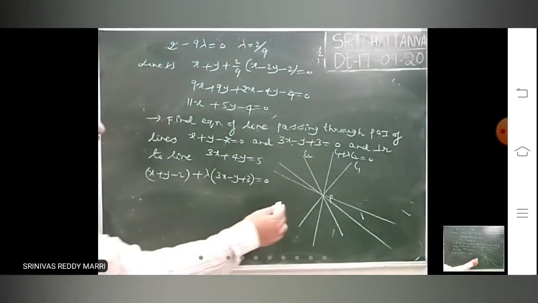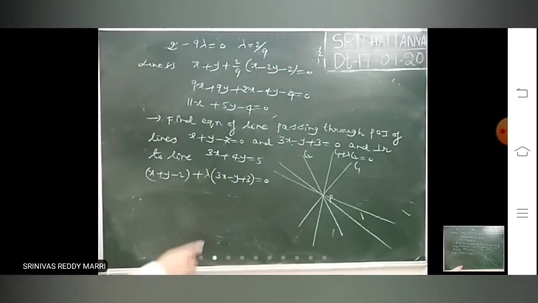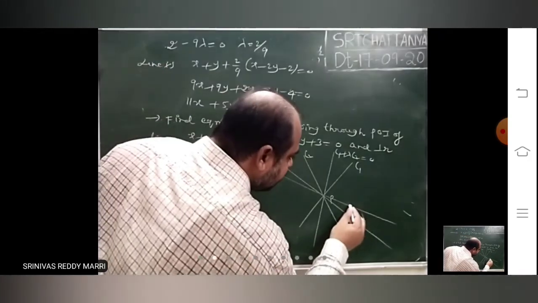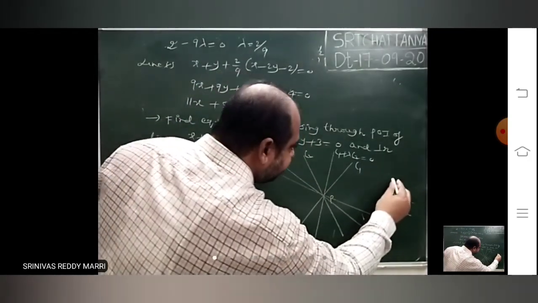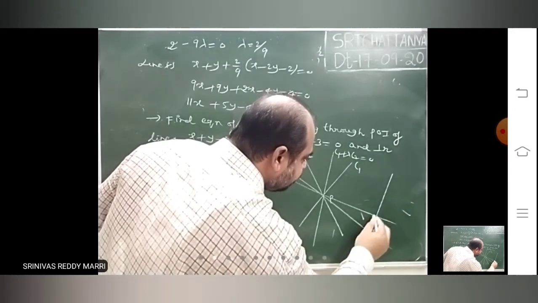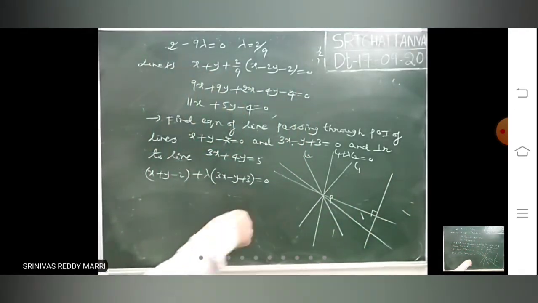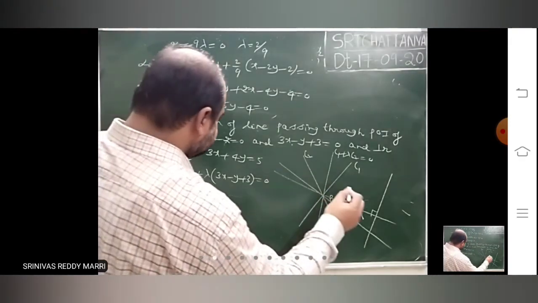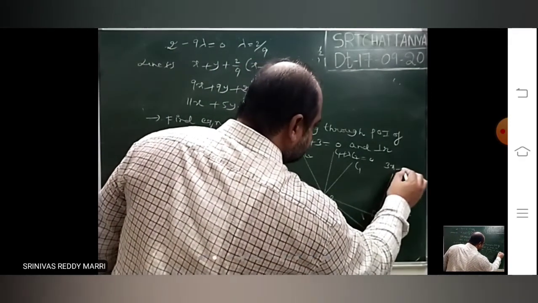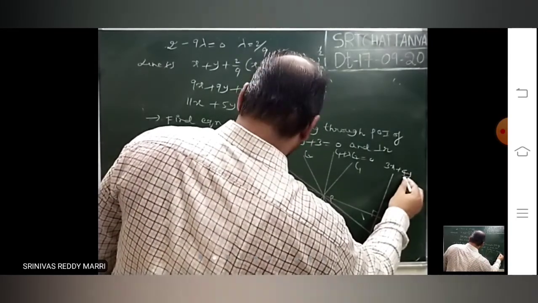But you want a particular line in this family which is perpendicular to this. That means there is a line given. Our required line is perpendicular to this. This is not in the family, but there is another line outside. So it is perpendicular to this given 3x plus 4y.